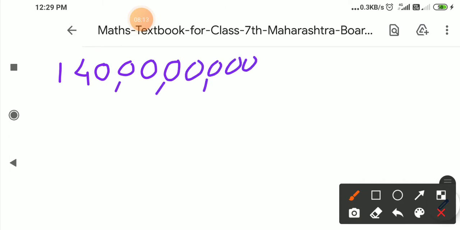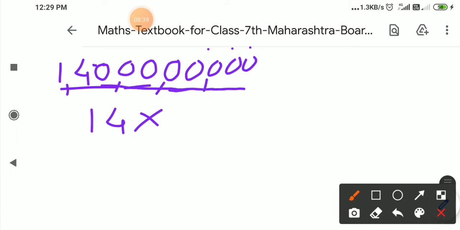Here it is ten thousands, lakhs, and here it is crore: 140 crores is the diameter. Suppose you want the point after 14. Zeros after the point don't have any value. So how many digits after 14? 1, 2, 3, 4, 5, 6, 7, 8, so 10 raised to 8.